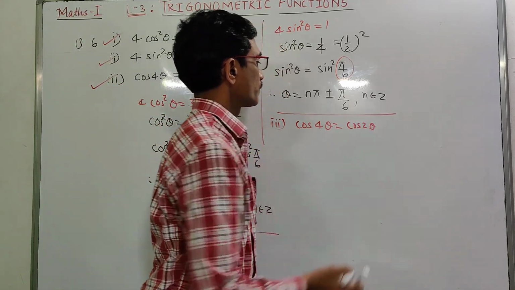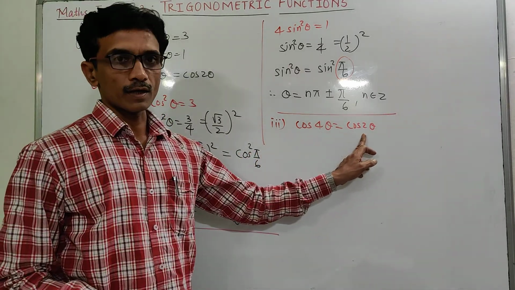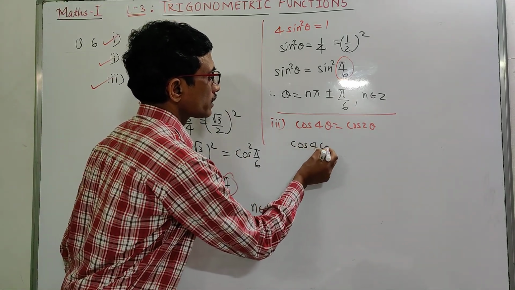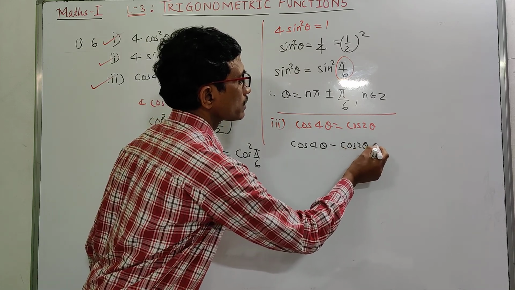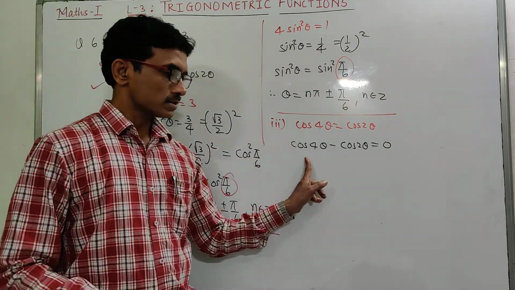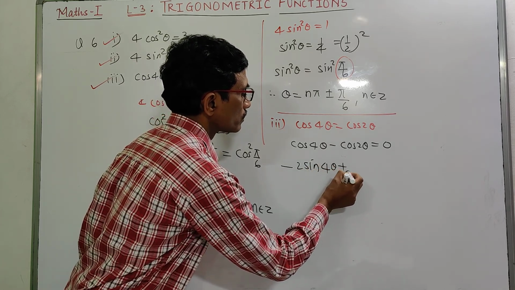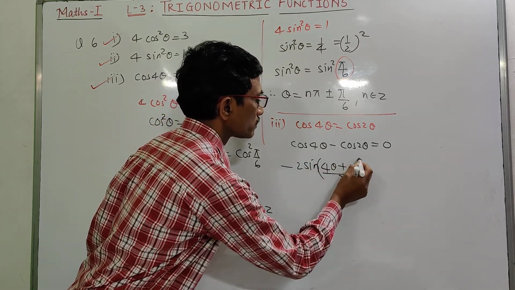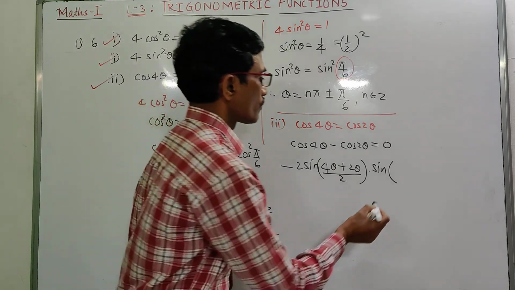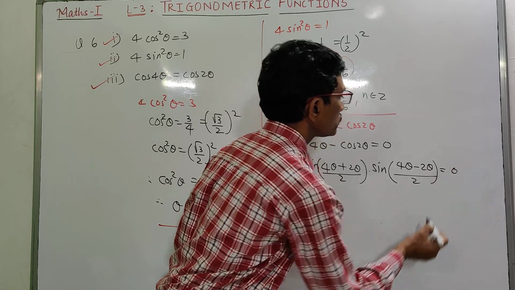So we can apply directly cos theta is equal to cos alpha, or we take this on the left hand side. So it is cos 4 theta minus cos 2 theta is equal to 0. Now cos c minus cos d is minus 2 sine (c plus d) upon 2, factorization formula, into sine (c minus d) upon 2. 4 theta minus 2 theta upon 2 is equal to 0.